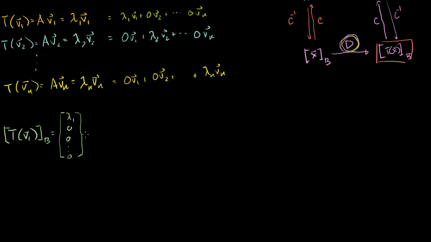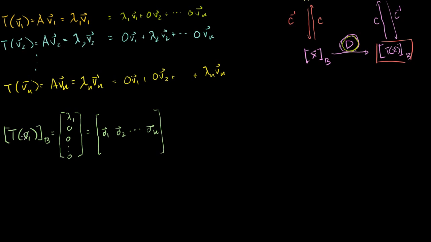But it's also equal to D, and we can write D like this. D is also a transformation between Rn and Rn, just in a different coordinate system. So D is just a bunch of column vectors, d1, d2, all the way through dn, times the B representation of the vector v1.